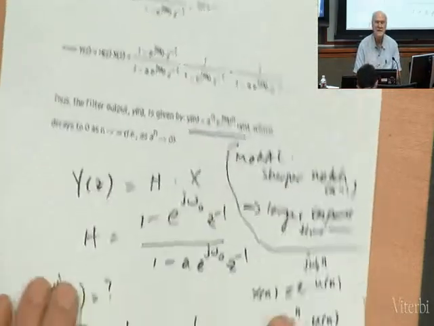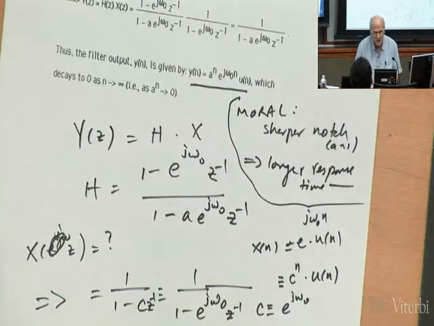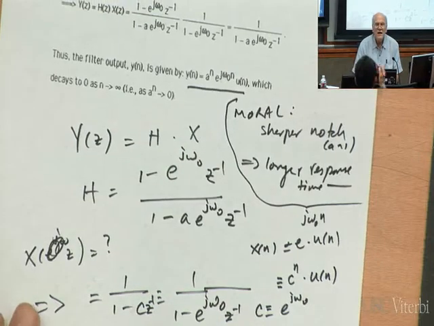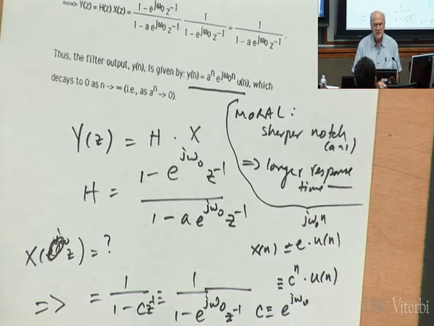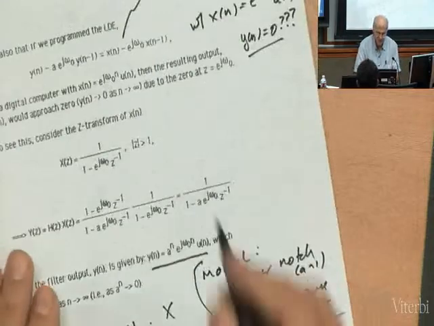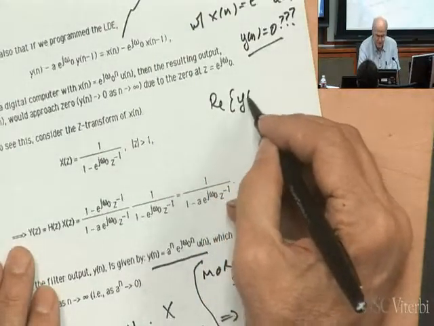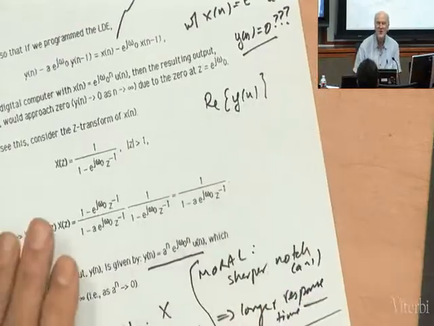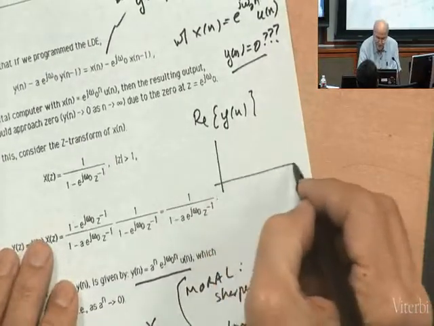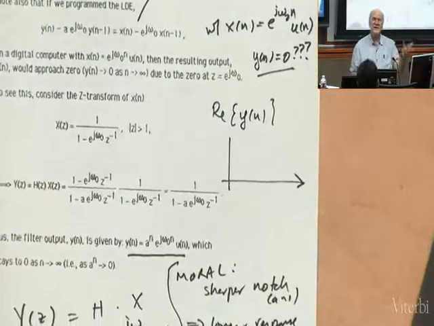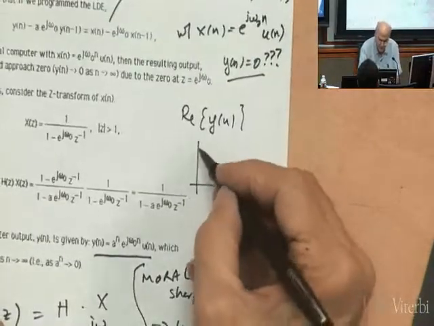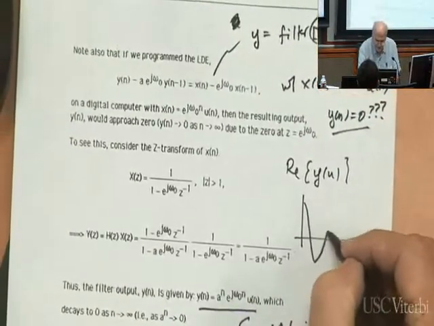Professor? Yes. So y of n is sort of like a sine wave? Yes. The same sine wave? Yes. If I plot the real part of y of n, it's kind of hard to draw the complex version, then that would be a to the n times cosine omega naught n. So that actually would do stuff like this.